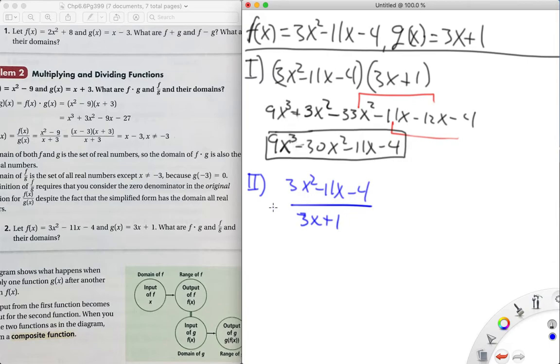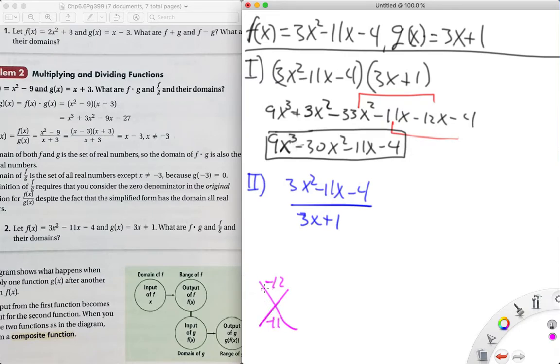So using the diamond method, I'll do it down here. What two numbers multiply to negative 12 and add up to negative 11?